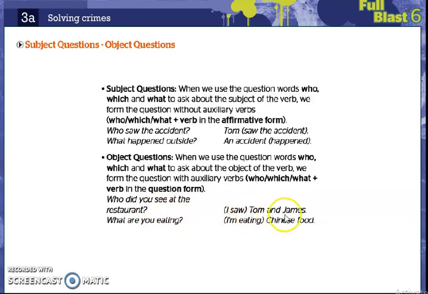I saw Tom and James. What are you eating? Here the auxiliary verb is are because we ask in the present progressive or in the present continuous. I'm eating Chinese food.